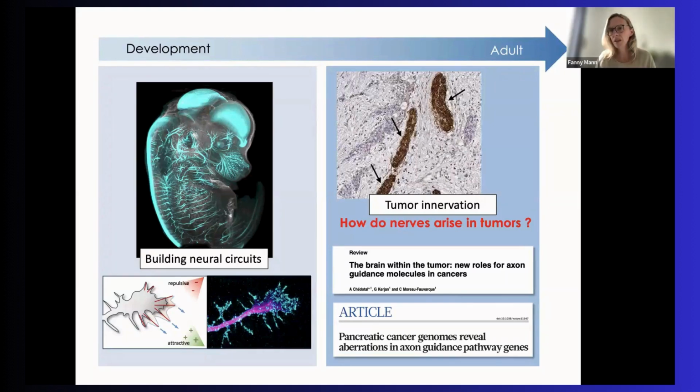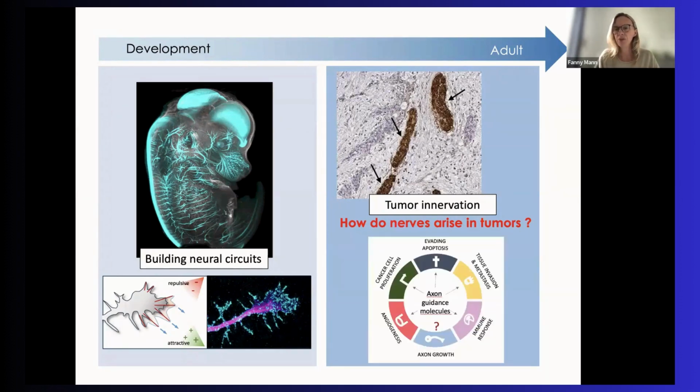And there is a lot of research that has been done over the last 2 decades to identify functions for axon guidance molecules in tumors. And we know that molecules such as semaphorins, netrins, or ephrins play important functions in the regulation of the tumor ecosystem. They can act directly on the cancer cells themselves, modulating their proliferation, survival, or migratory properties.